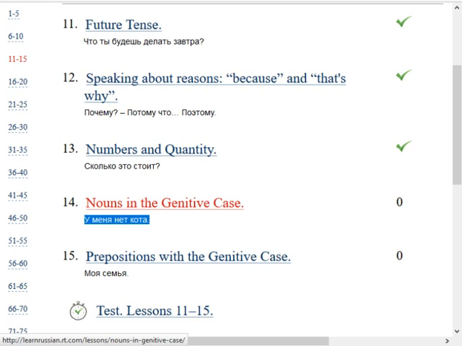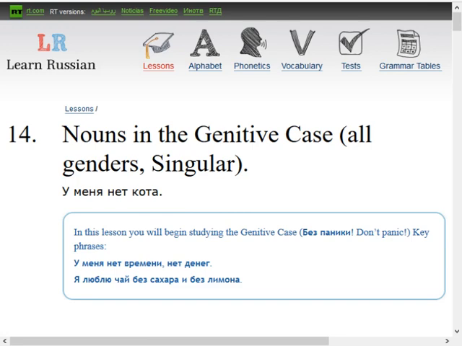So maybe that's why communism was able to take hold in Russia, because sociolinguistically, the language doesn't have a form of saying I own something. You can only say where I am there is something. I don't know. Anyway, in this lesson you'll begin studying the genitive case.